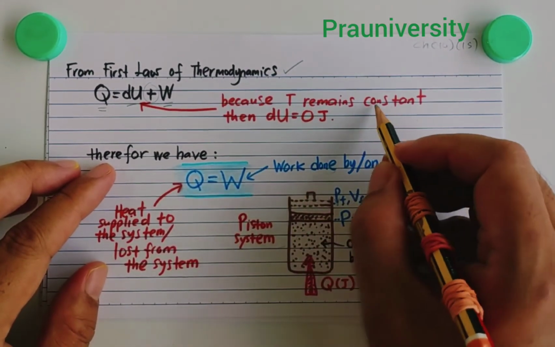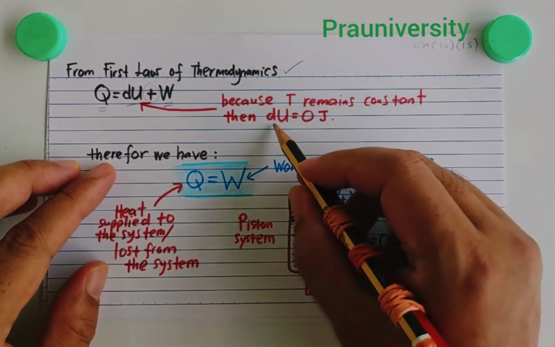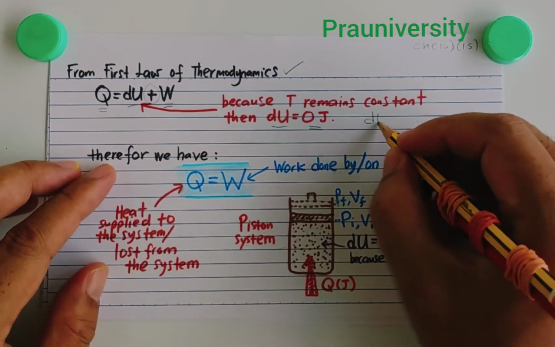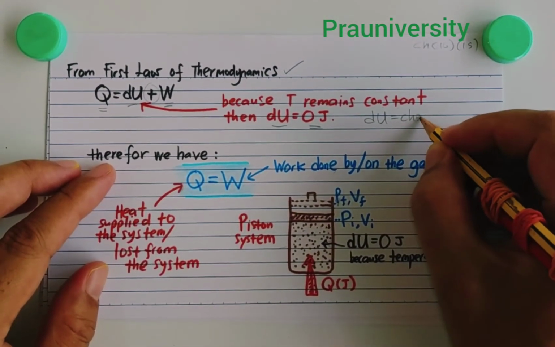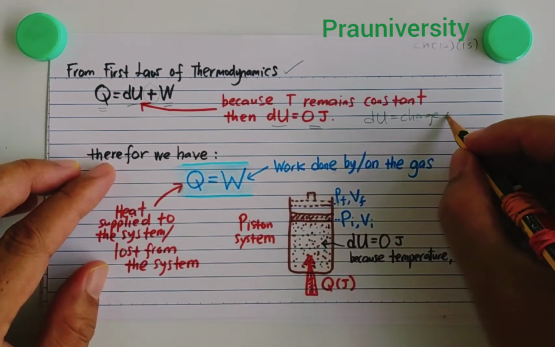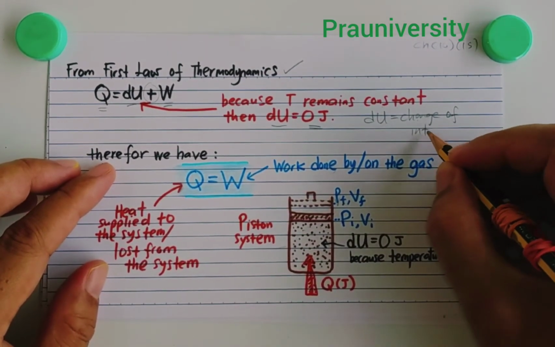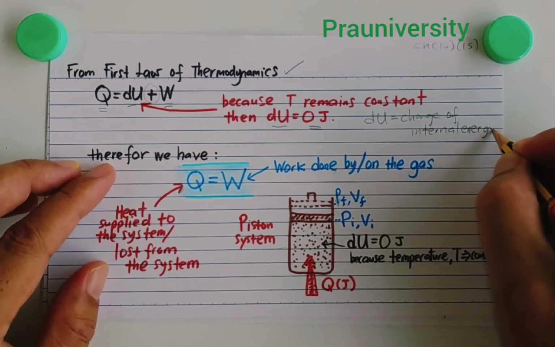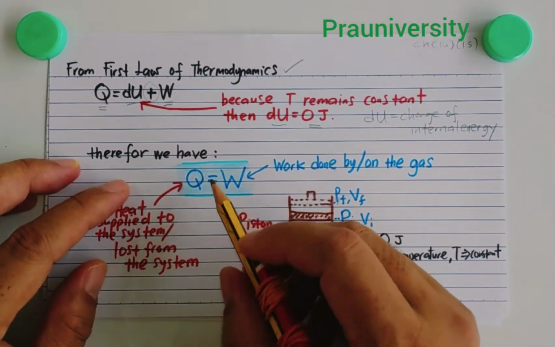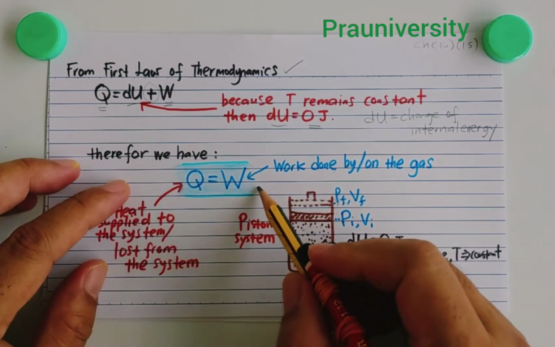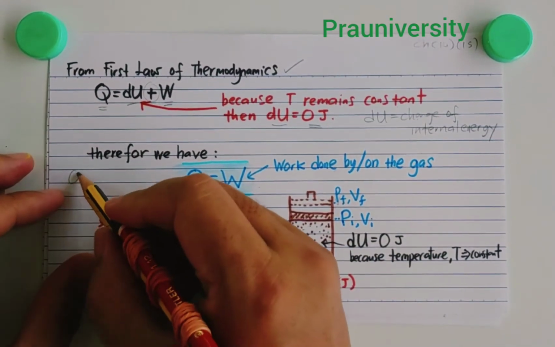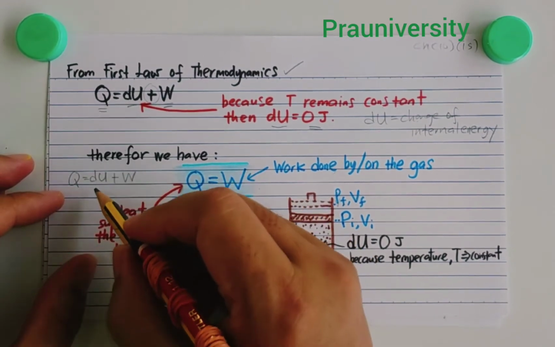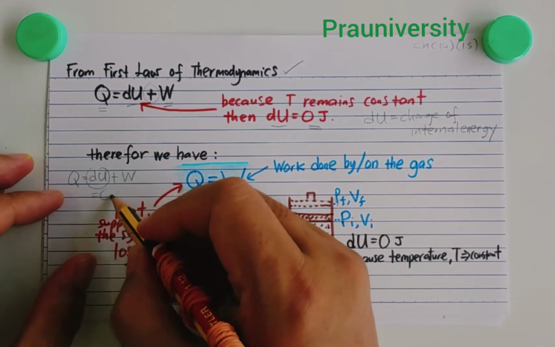Because T remains constant, the change of internal energy delta U is equal to 0.